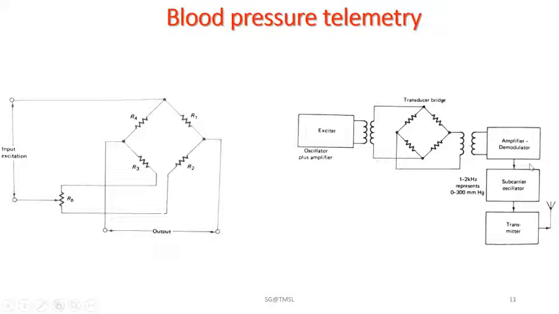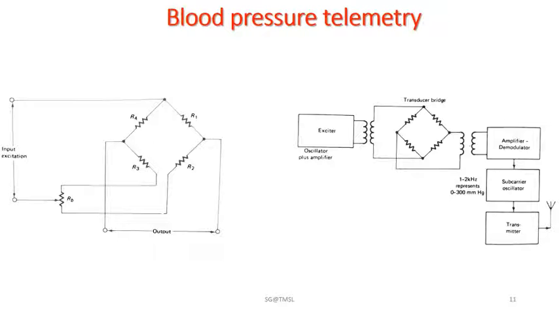The output of this class C amplifier is rectified and filtered and given to an FM subcarrier oscillator circuit for controlling the frequency of the audio subcarrier.